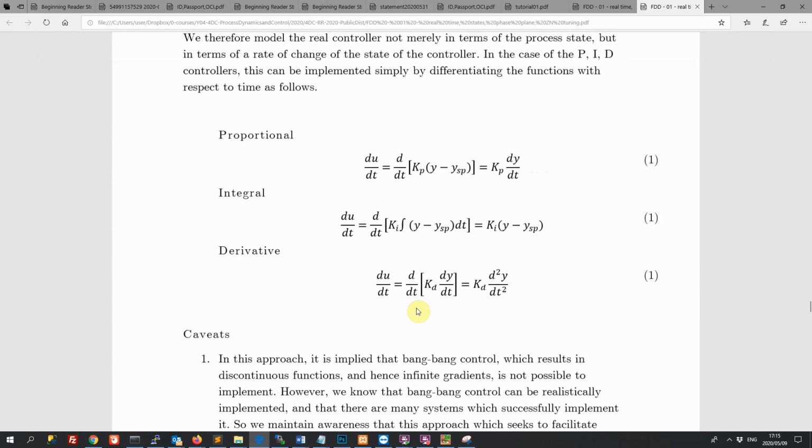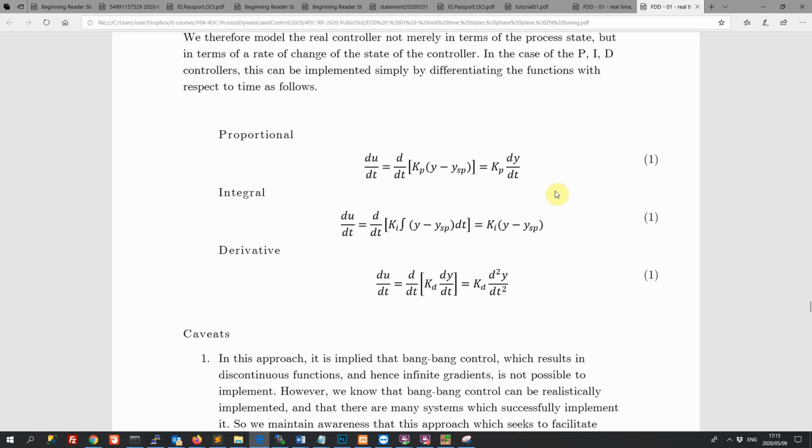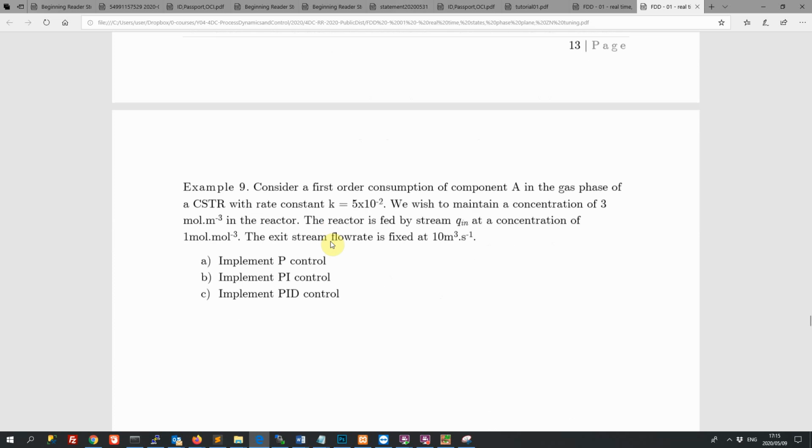So we've said all this. You can read about this in more detail. This is just a hint that, well, if you want to avoid discontinuities and so on, if you just differentiate your control action, you can then account for time dynamics in your controller as well. Okay, so this, I guess, is now a reactor example, and we are given a kinetic rate constant, and we can control that.